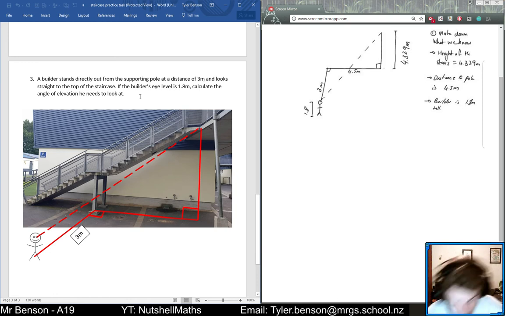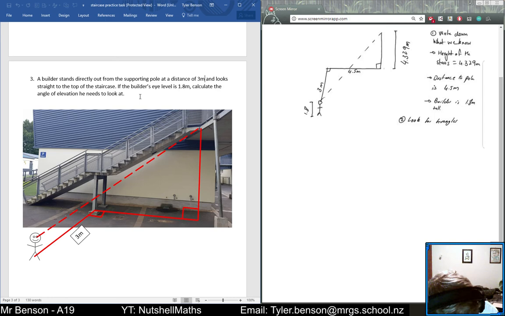Because our step 2 is to look for triangles with 2 pieces of info.